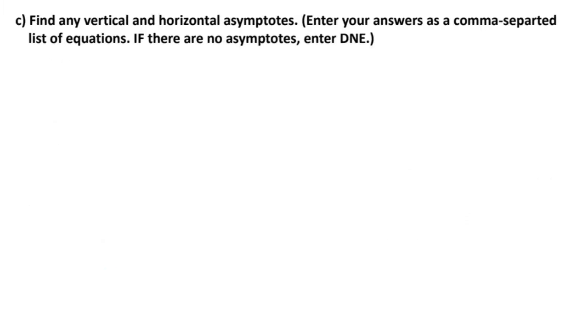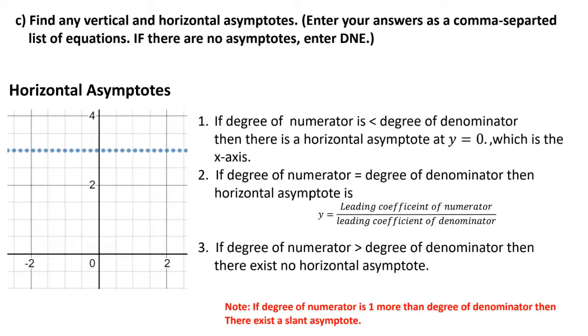Now, what about the horizontal asymptotes? Well, there are several cases for our horizontal asymptotes, and they all have to do with the degrees of both the numerator and denominator. So let's go through the cases. The first case is if the degree of the numerator is smaller than the degree of the denominator, we always have a horizontal asymptote at y equals 0.